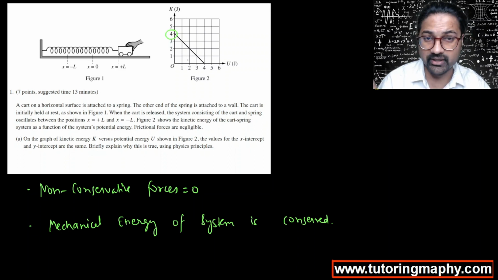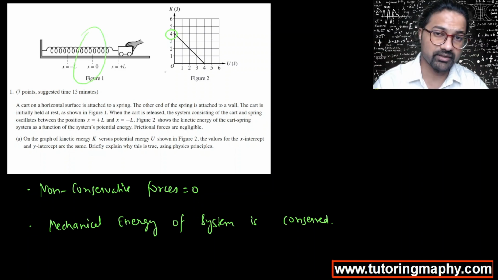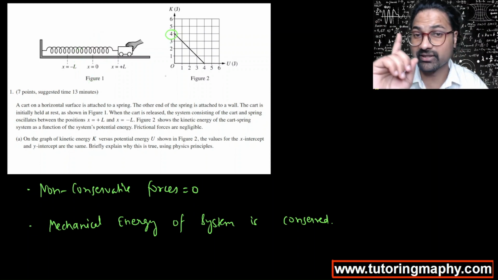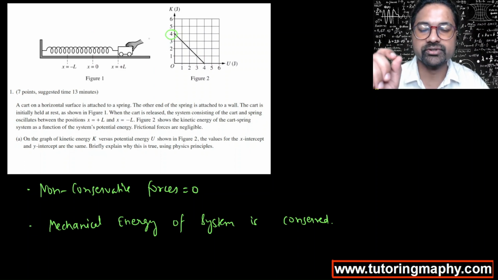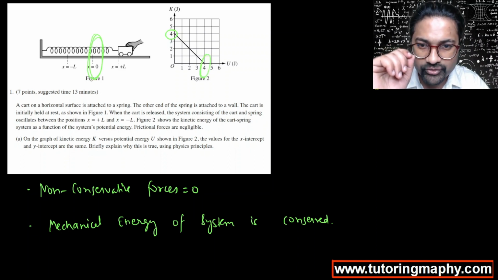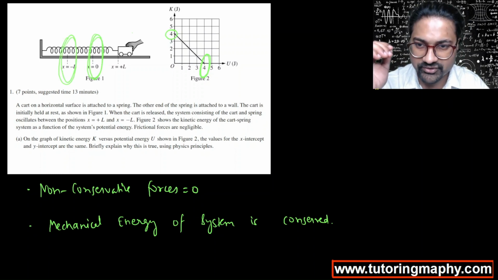At equilibrium, not at extreme mass, because at extreme mass the speed is 0 and the amplitude is maximum, and at the equilibrium, as in at x equal to 0, the elongation is 0, so the displacement is 0 while the velocity is maximum. So this K equal to 4 joules corresponds to the point of x equal to 0, and this 4 joules of potential energy corresponds to the point of either extreme mass.